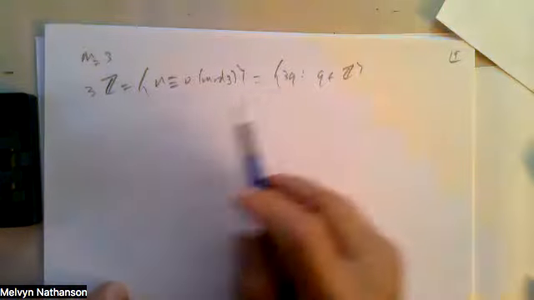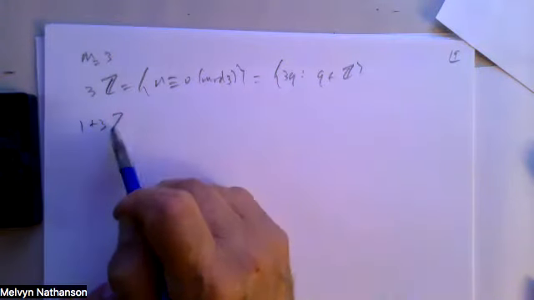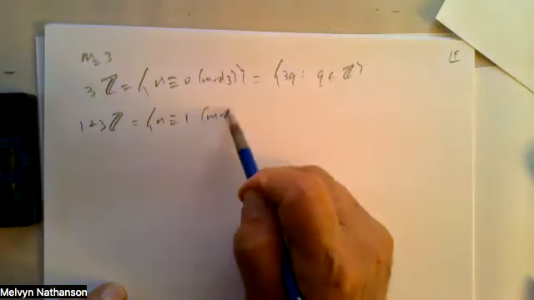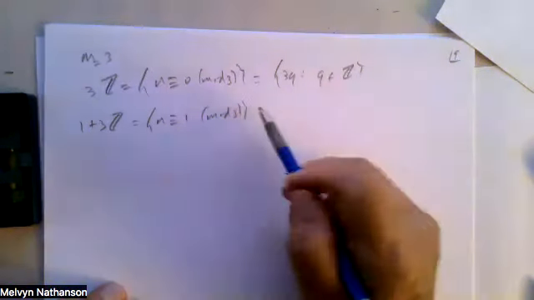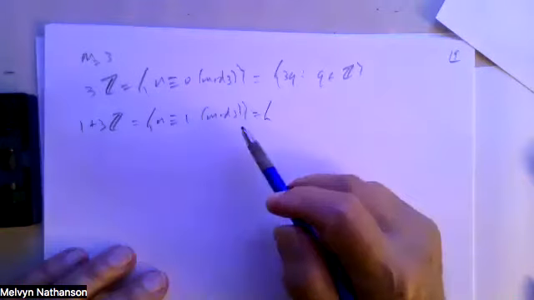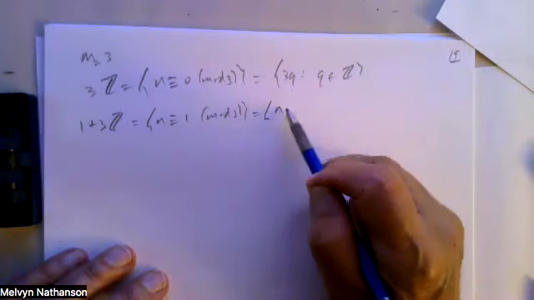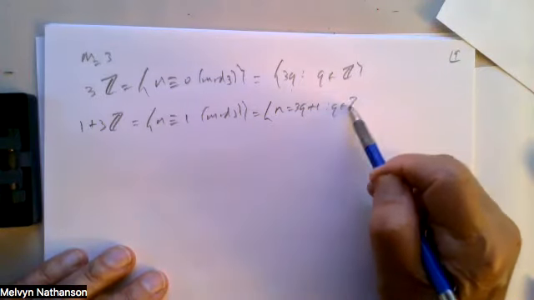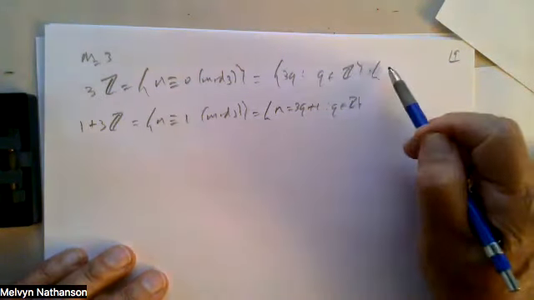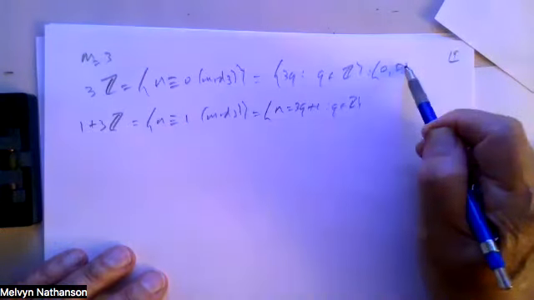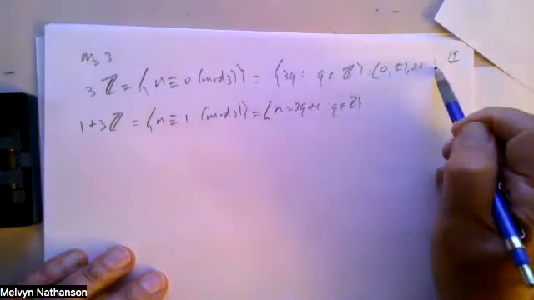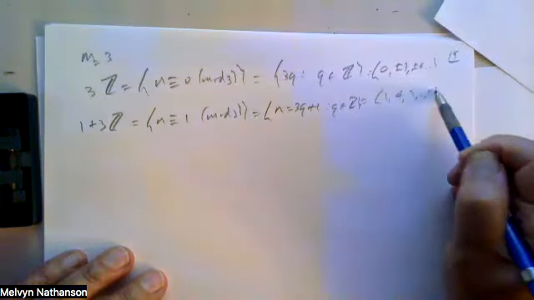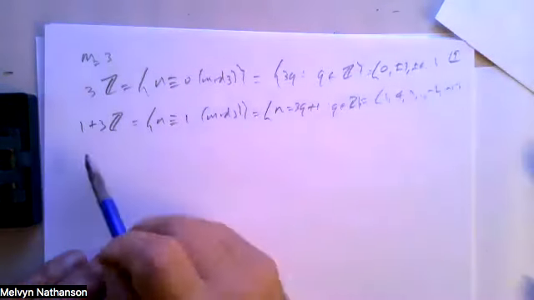It's all the multiples of 3. 1 plus 3Z is all n congruent to 1 mod 3, all numbers of the form 3q plus 1. So this is the set 0, plus or minus 3, plus or minus 6, and so forth. This is the set 1, 4, 7, minus 2, minus 5.